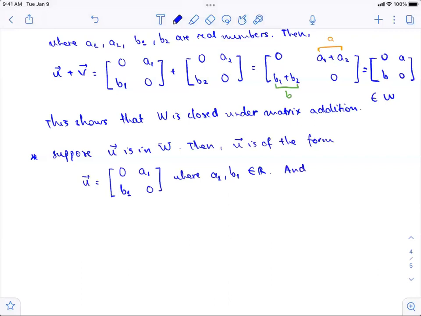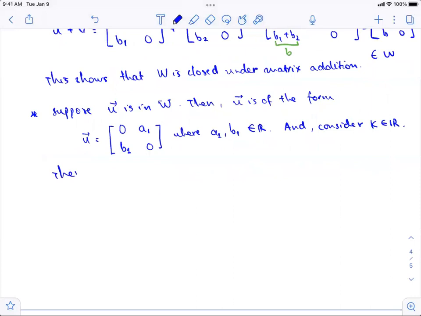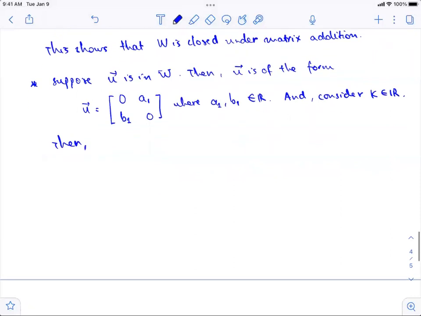Consider K to be a real scalar. Then we perform the scalar multiplication.